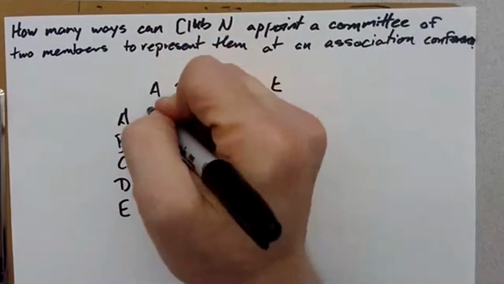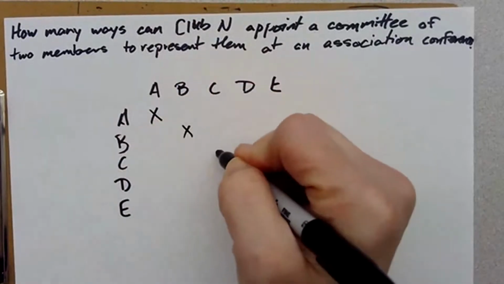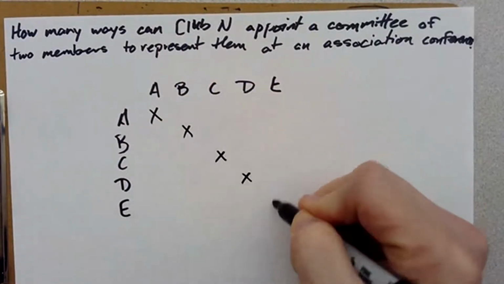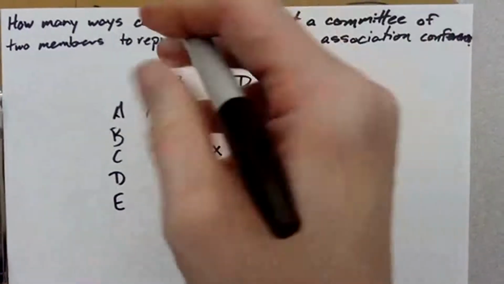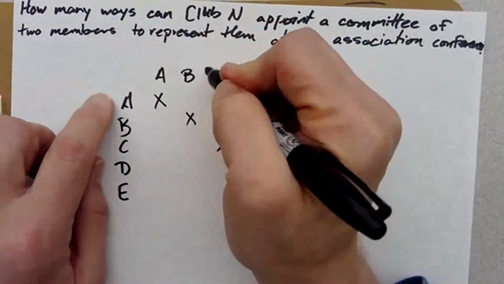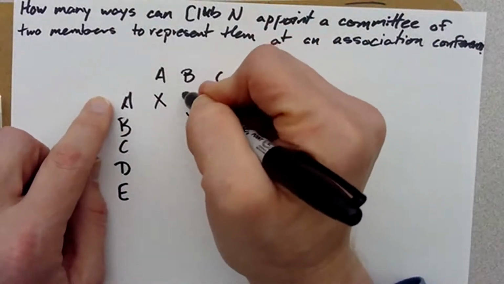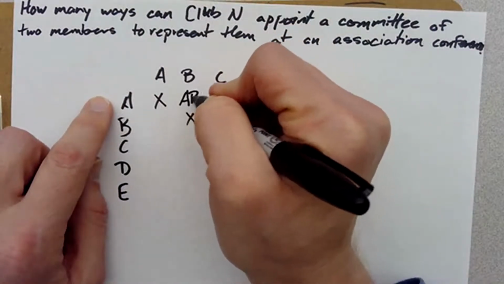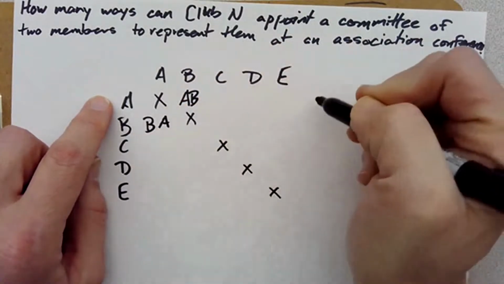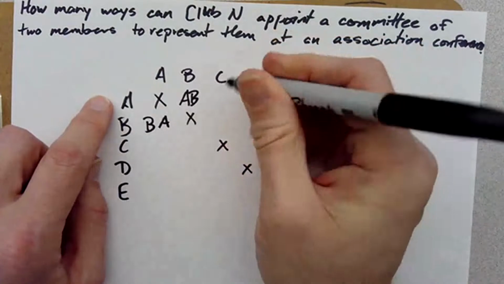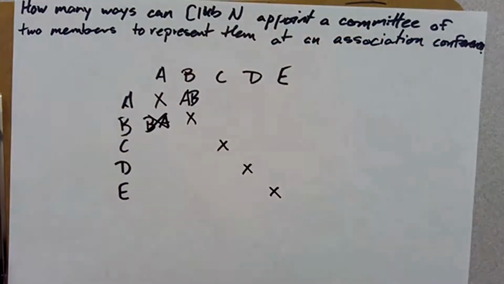On the other hand, while we still can't have AA, BB, CC, DD, EE, Alan being one member and Bill being the other is the same as Bill being one member and Alan being the other. So BA and AB are the same, and we only count each combination of 2 people once.